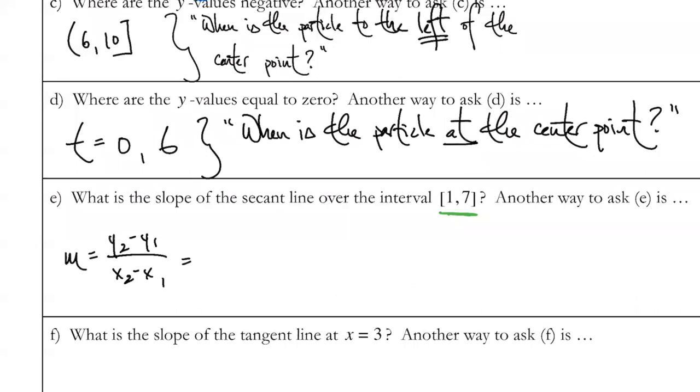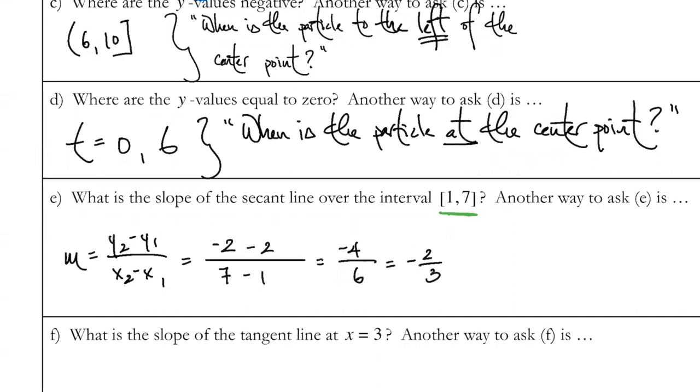So the first point I have is (7, -2), and then the first point in that interval was (1, 2). We'll be careful about our mental math here. -2 minus 2 gives me -4. 7 minus 1 gives me 6. And this is reducible, so we'll get -2/3. And what units might we put on this?